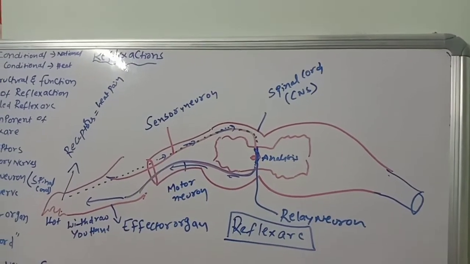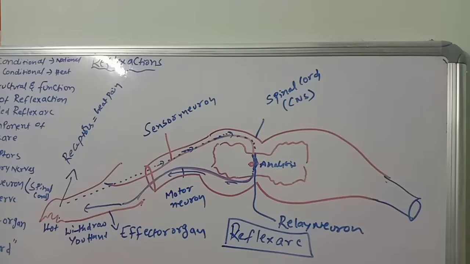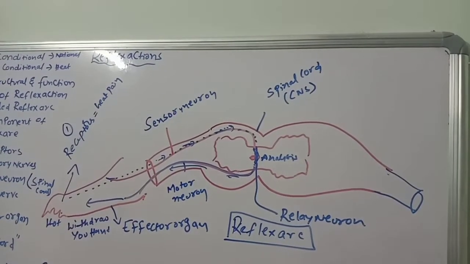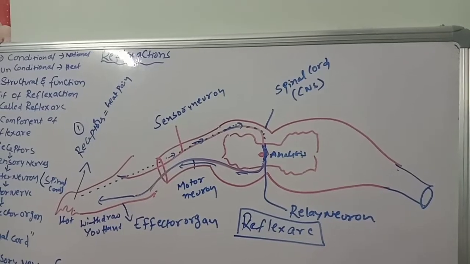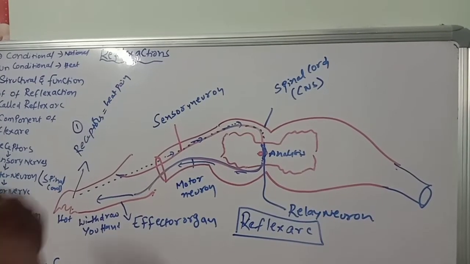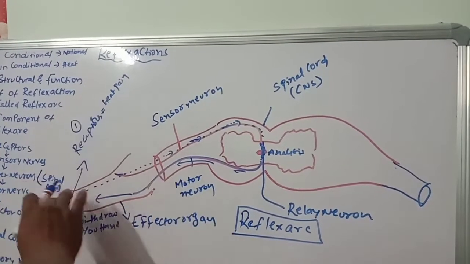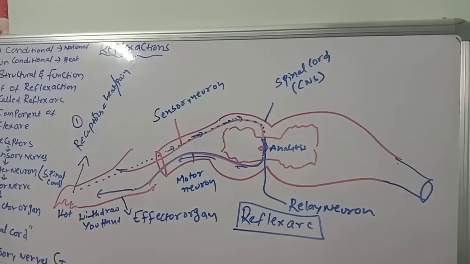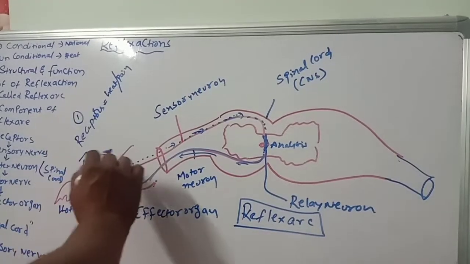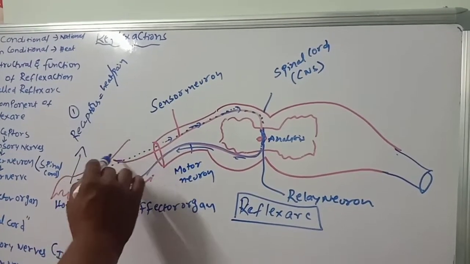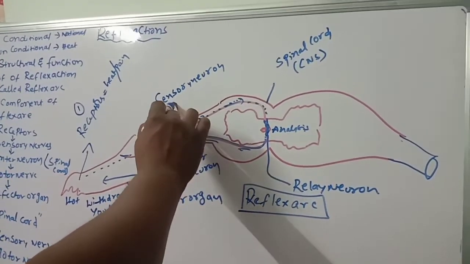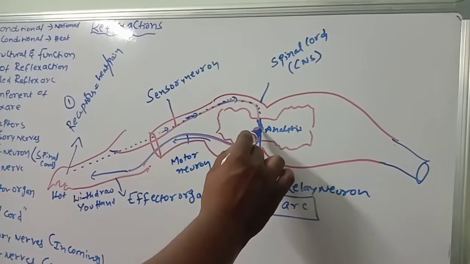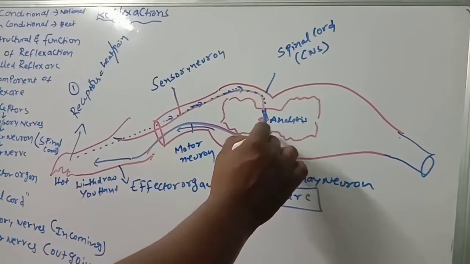What points should you remember from this reflex action? First, receptors take the information from outside conditions. The receptors in the hand are heat or pain receptors. They receive the impulse, heat or pain, and transmit it through the sensory nerves to the interneuron or spinal cord, where analysis takes place.